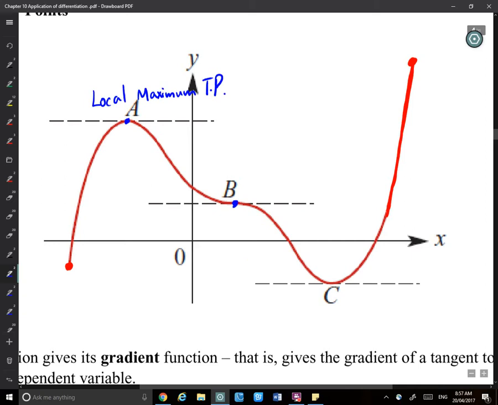What is B called? Yeah, stationary point of inflection. What's C called? Local minimum. Any other names here?